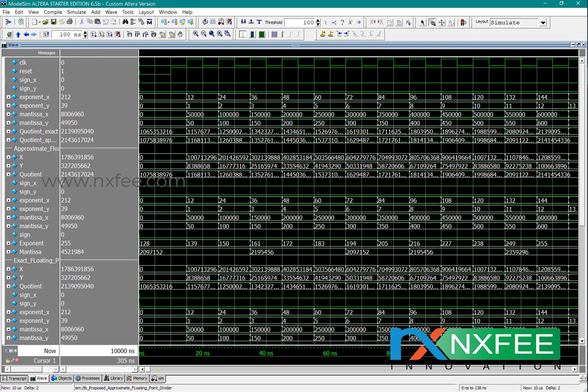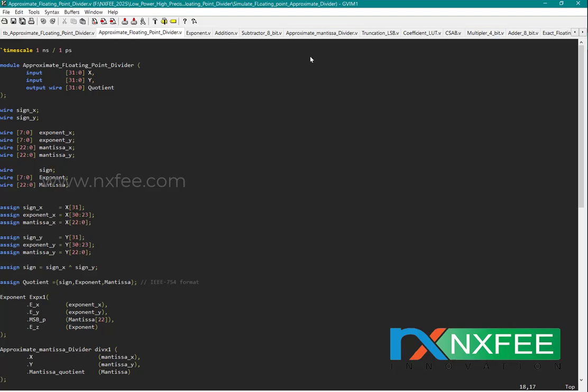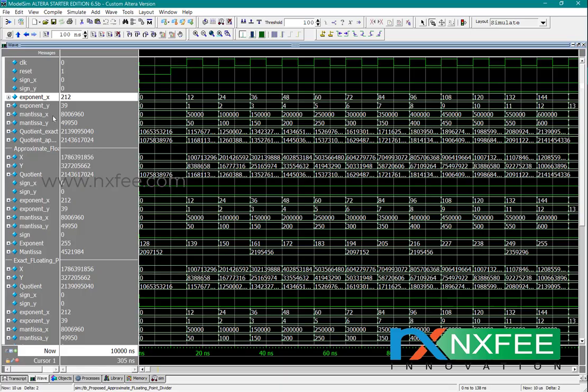Okay, and we designed a floating point divider architecture with the same Verilog HDL code. This is the Verilog HDL code for floating point division operations. It is designed using a 32-bit architecture, and this architecture is simulated in ModelSim.